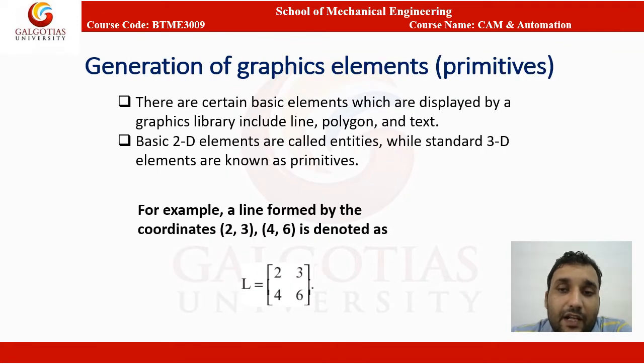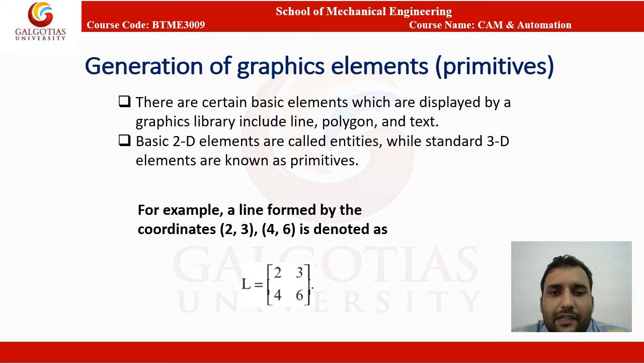Generation of graphic element primitives: these are certain basic elements which are displayed by the graphics library, including lines, polygons, and text. The basic 2D elements are called entities, while standard 3D elements are known as primitives.